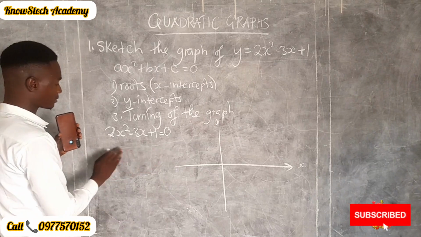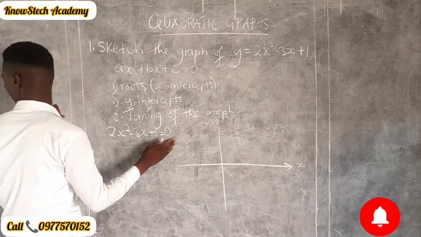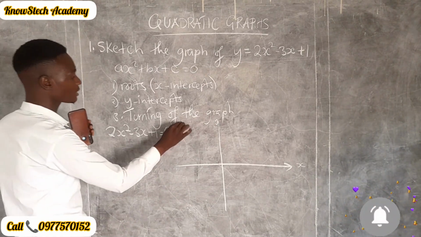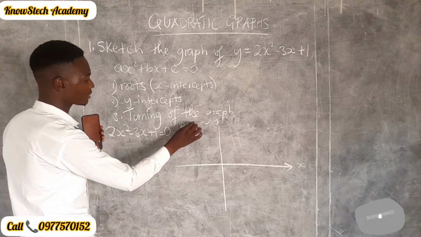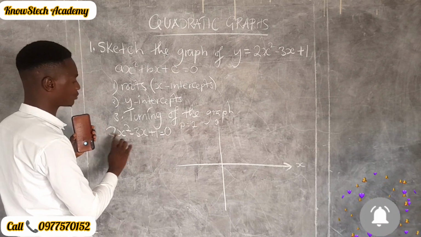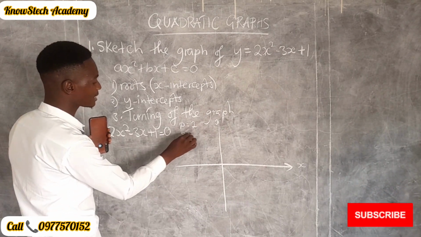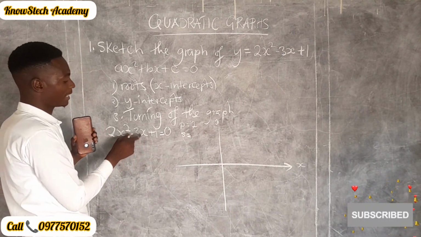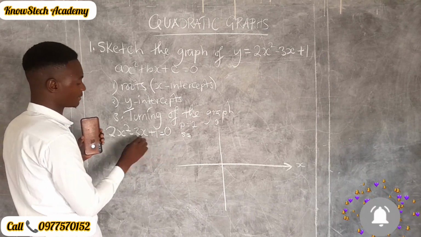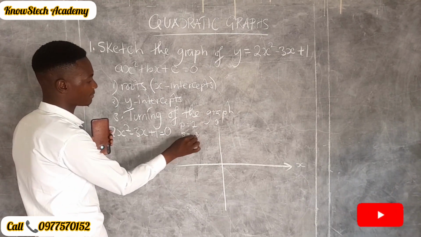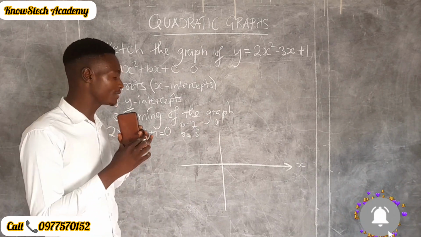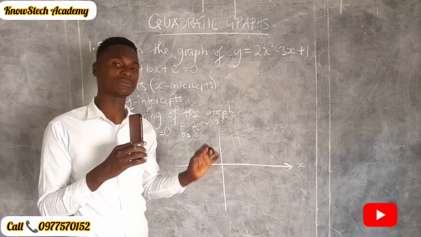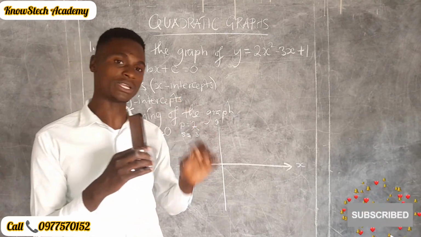So to factorize, we find the product of a and c. Here a is 2 and c is 1, so the product will be 2 times 1, which is just 2. The sum will be b, and b in this equation is -3. So you look for two numbers that, when you multiply them, give you +2, and when you add them, give you -3.